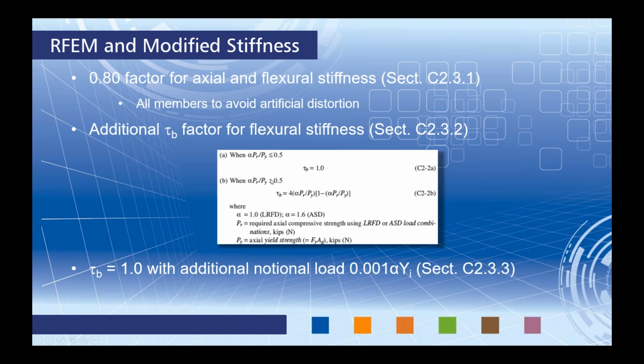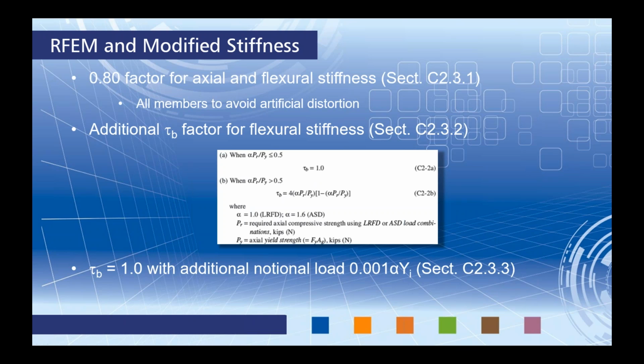But the minute that that ratio is greater than 0.5, well, we need to use this equation that's dependent on our axial loads to calculate what the tau sub b factor is, which will be less than 1.0. Again, we have our alpha factor 1.0 for LRFD and 1.6 for ASD.